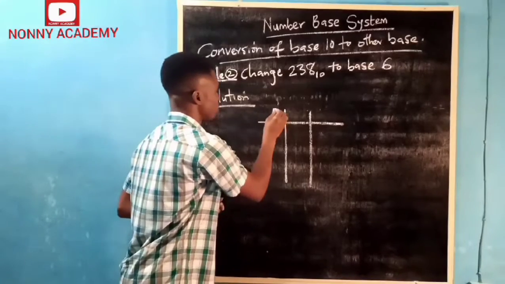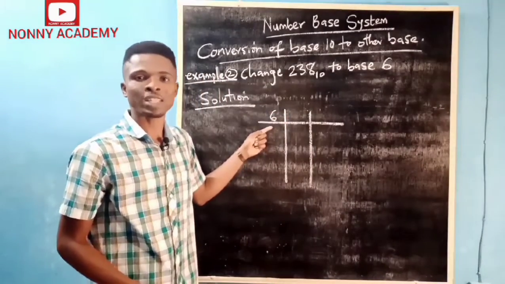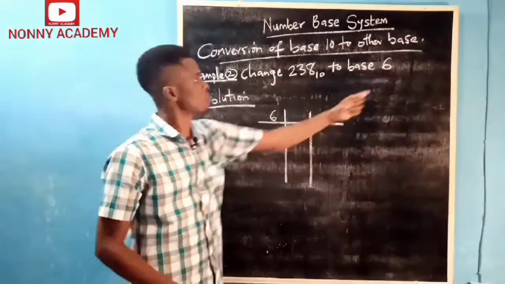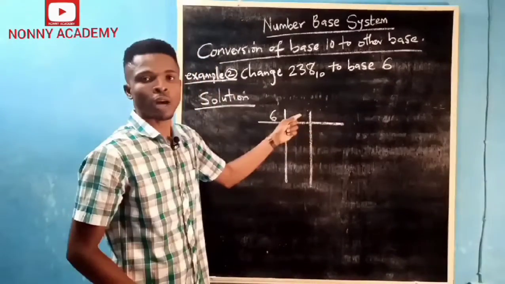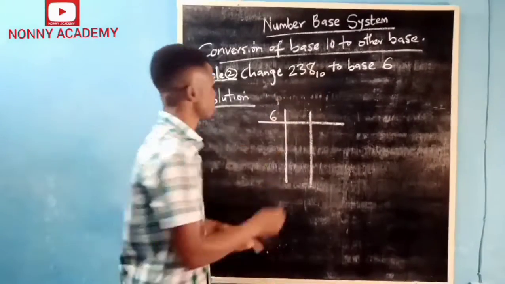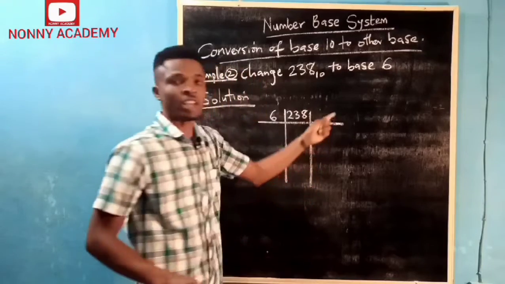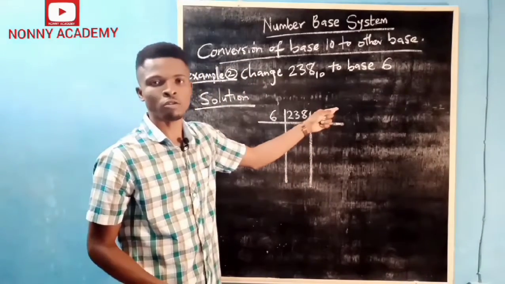Here I will have 6, which is the base I am converting to. In the second column I will have the number I am converting, which is 238. And in the last column, I will have the remainder, which is R.